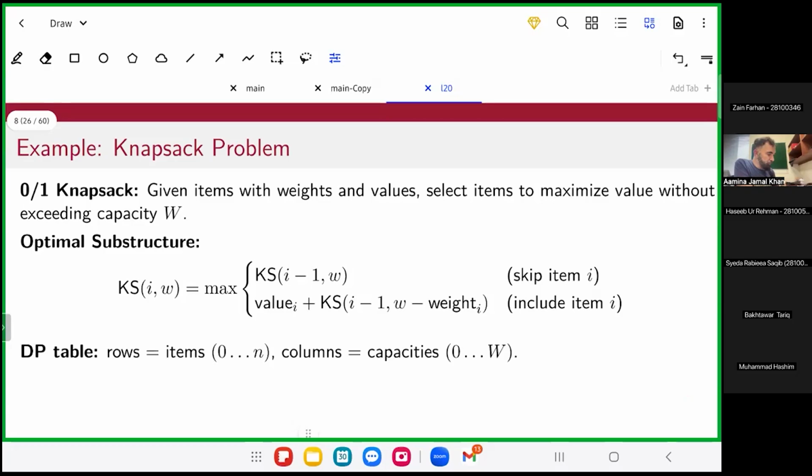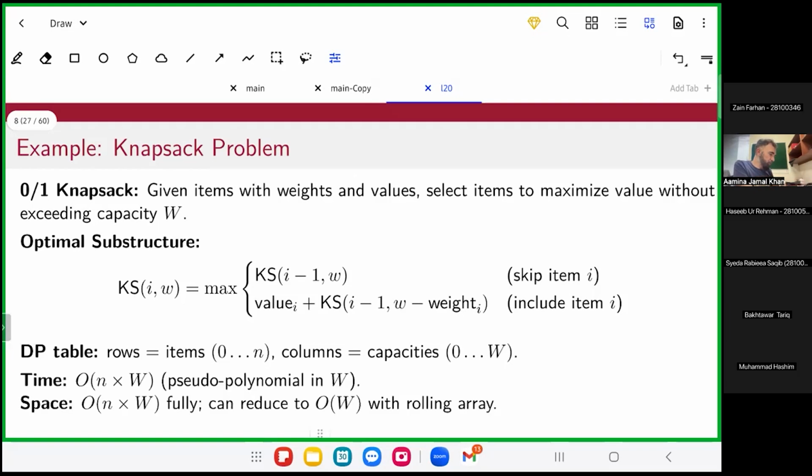Your rows are the items from 0 to n, your columns are the capacities from 0 to W, and your time complexity is n times W, and your space complexity is n times W.